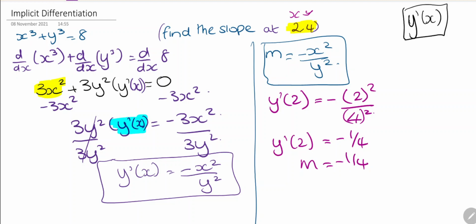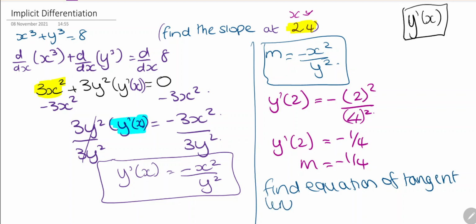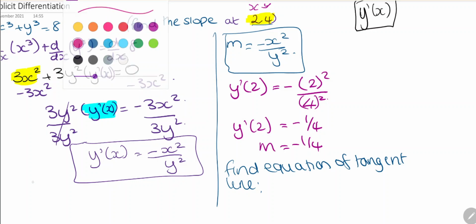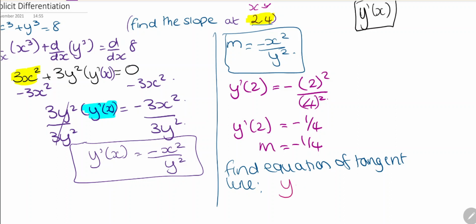Now another question might ask us to find the equation of the tangent line. So if we are asked to do that, at this point, we are going to substitute in these values. So we know that we're using y minus y1 is equal to m times x minus x1.